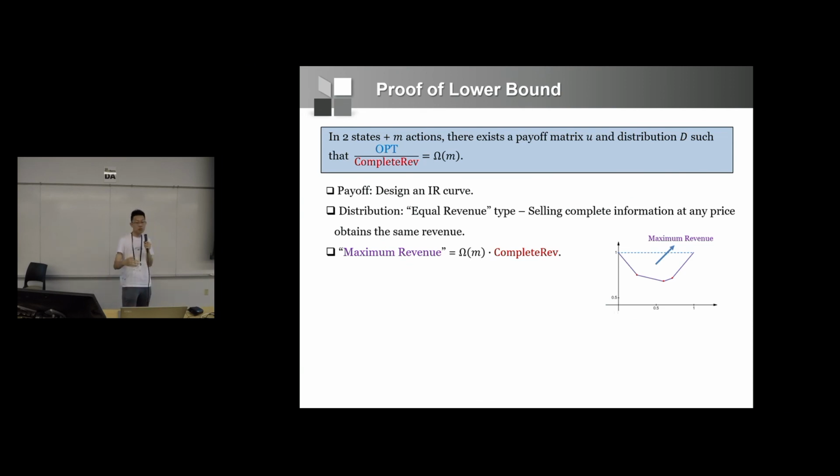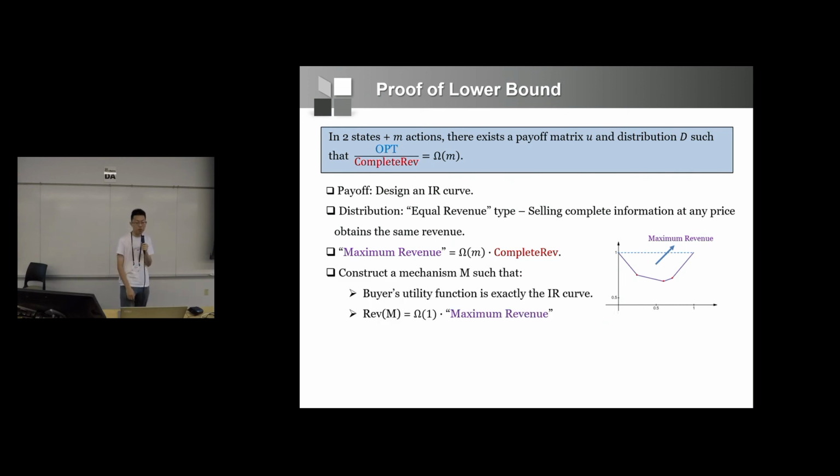After we construct this environment, it's still not clear what the optimal menu is in this environment. So to prove the lower bound, we want to construct a mechanism whose revenue is at least a constant of this max revenue amount. In fact, in our construction, the buyer's utility function in this mechanism is exactly the R curve.